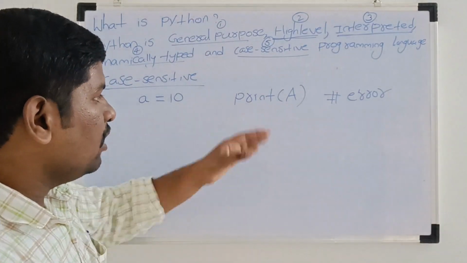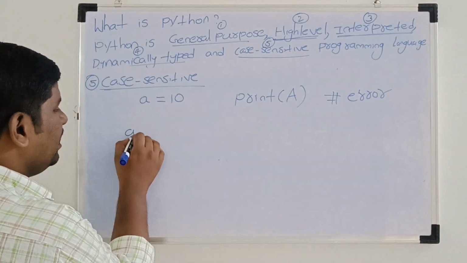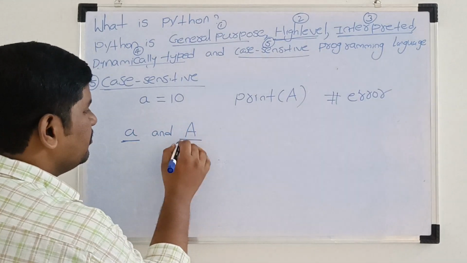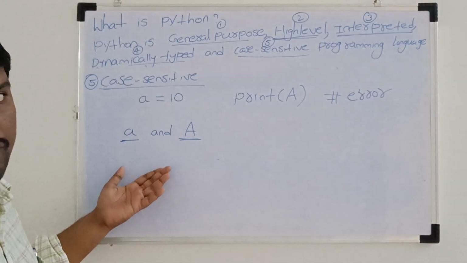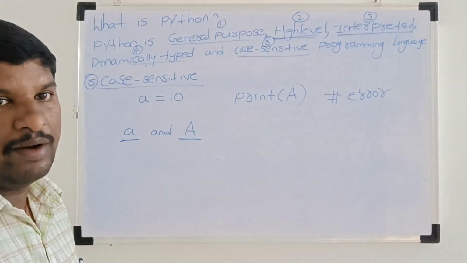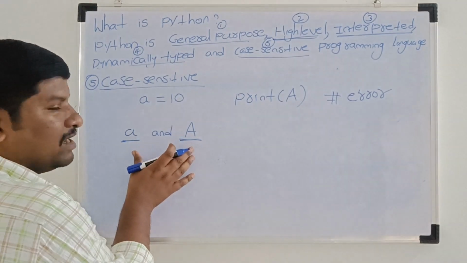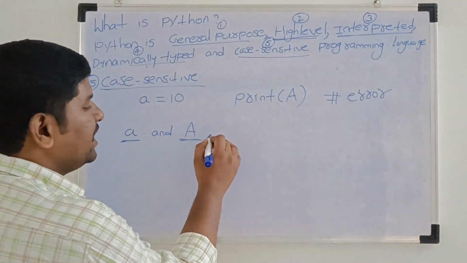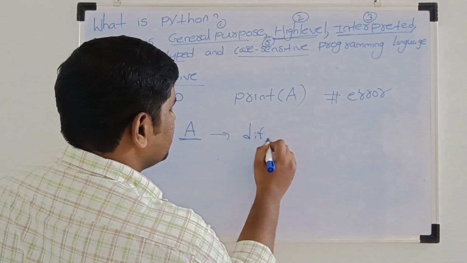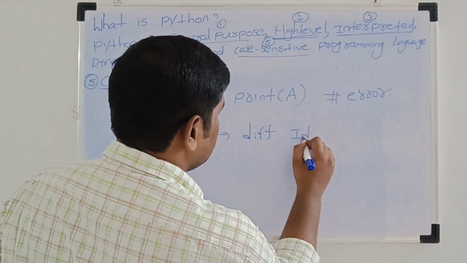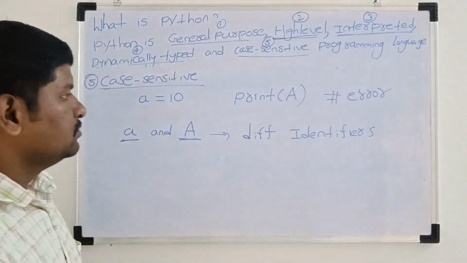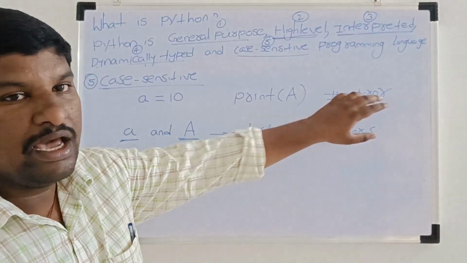Why? Although small a and capital A may sound the same when spoken, in Python programming they are considered different identifiers. So this gives an error.